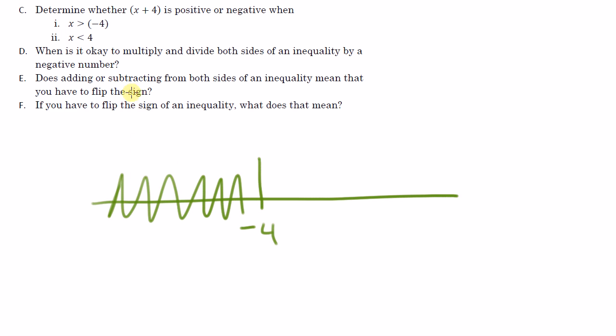Well, we've been doing this, so this should be really easy. When x is greater than negative 4 and this x plus 4, we plug a really positive number in there and add a little more to it, and you're going to get a very positive number. So we're going to say it's positive for this one.